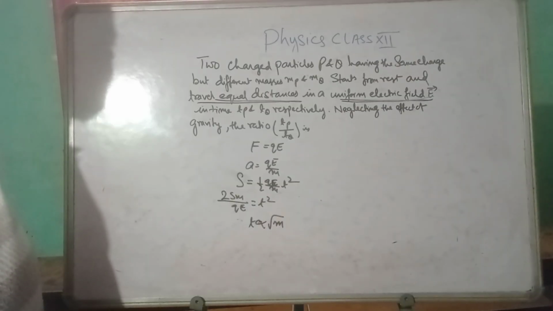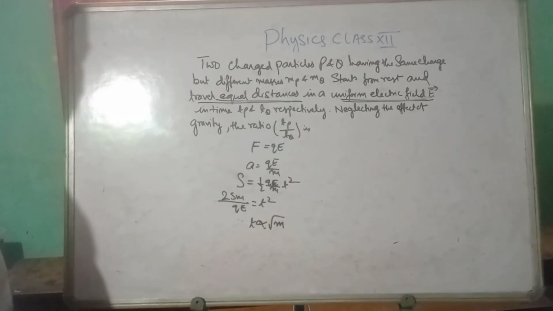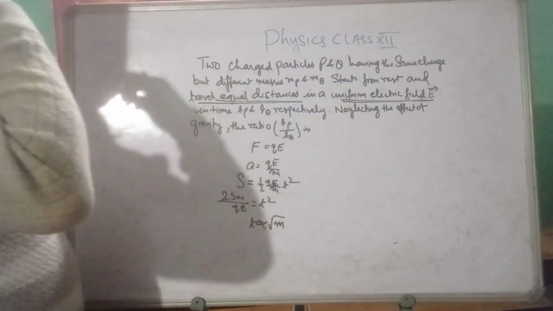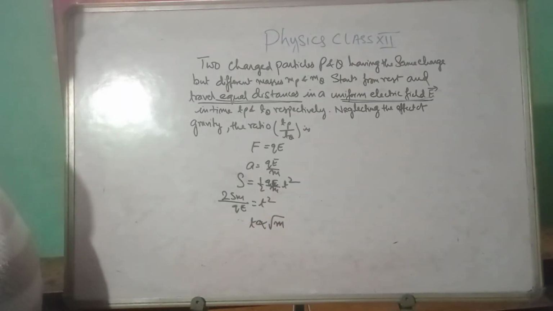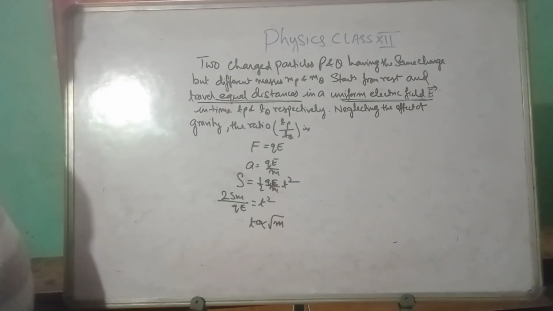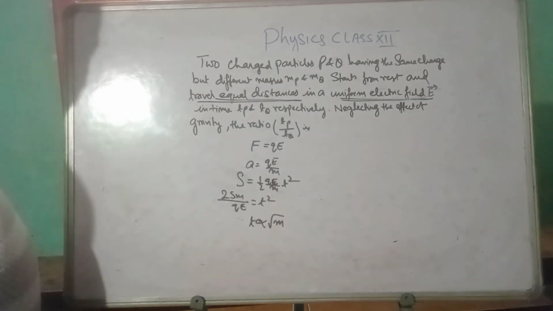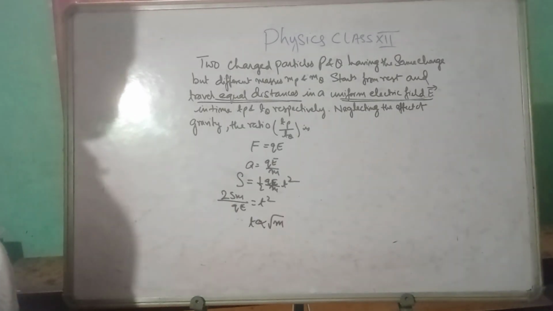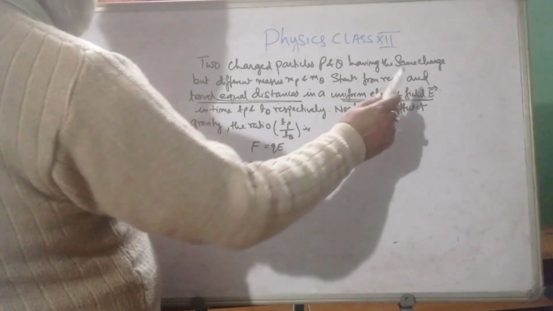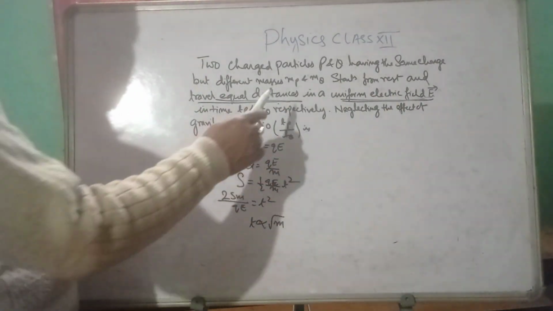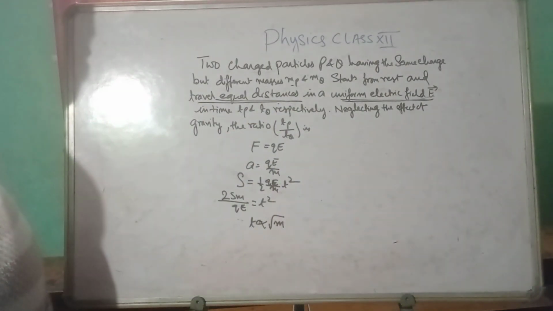So initially it is at rest, so u is 0, so s = ½at², and we know that they travel equal distances, that means distance is constant. In a uniform electric field, E is constant, charge is constant, but they are of different masses, so mass is not constant, so T is proportional to root m.